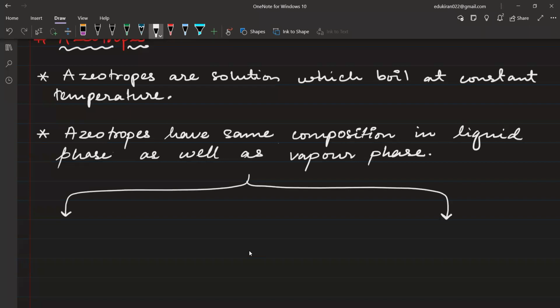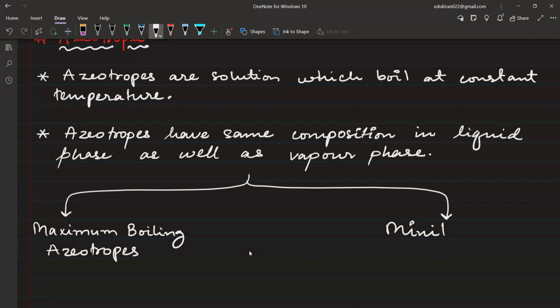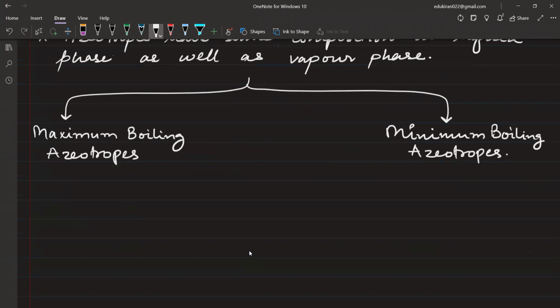एक को बोलते हैं क्या? मैक्सिमम बॉइलिंग एजियोट्रोप, the other is known as minimum boiling azeotropes. हाँ, मैक्सिमम बॉइलिंग एजियोट्रोप कब आएगा?